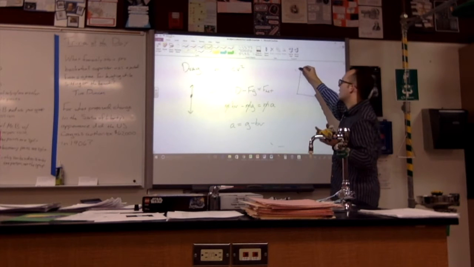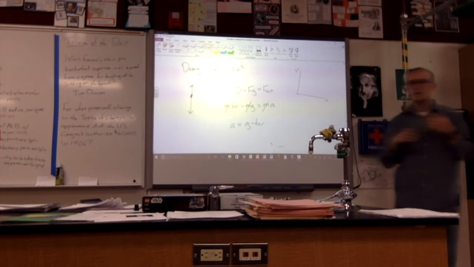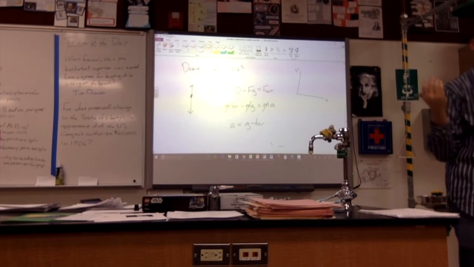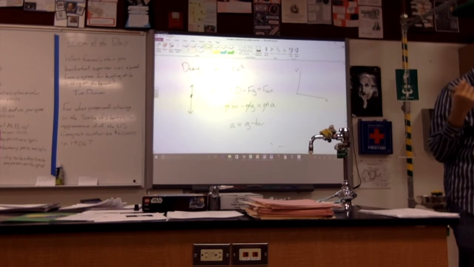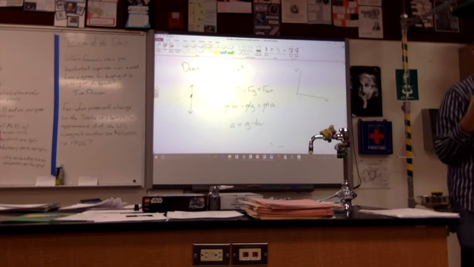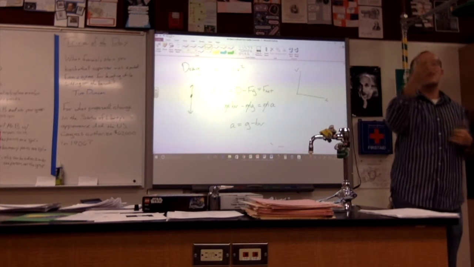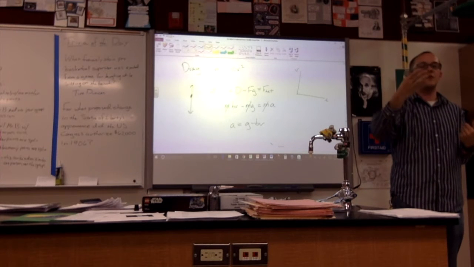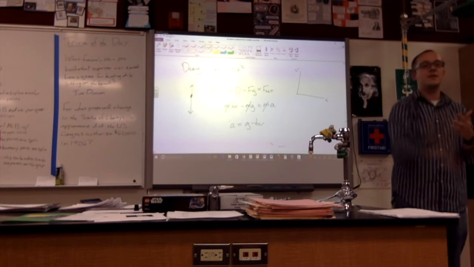What does a velocity versus time graph look like when you graph out the motion of an object? It's not a straight line. It is a line, but it's a curved line. Can you describe the motion of a falling object with air resistance if it had a lot of space to fall?